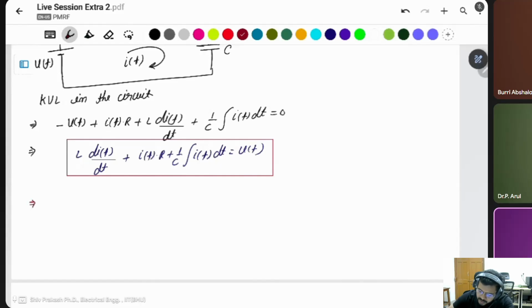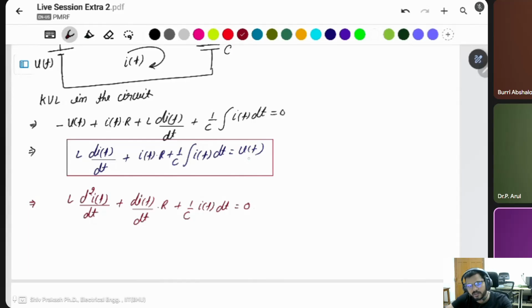Simply you have to differentiate once again, to eliminate the integration part. So this is L d2i/dt2 plus R di/dt plus 1 by C i(t) is equal to 0.